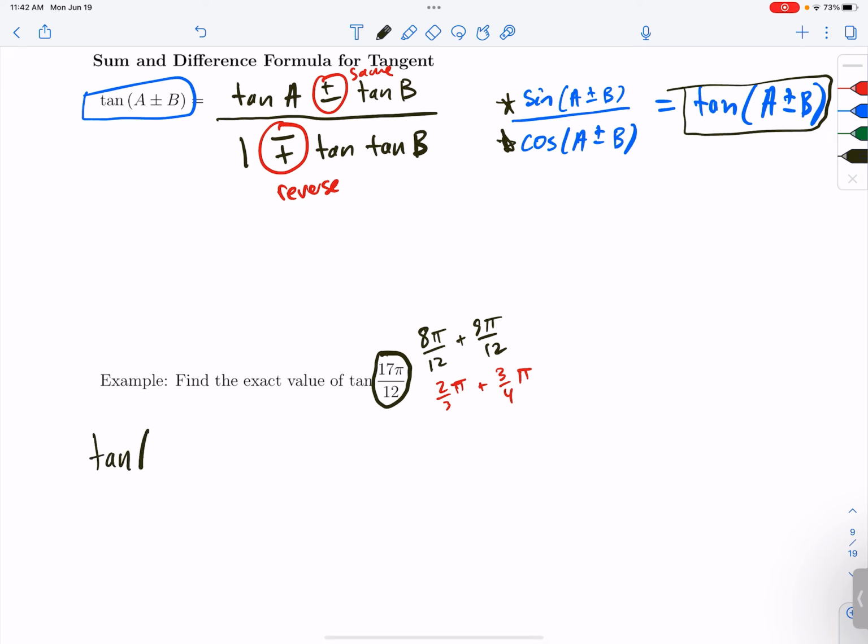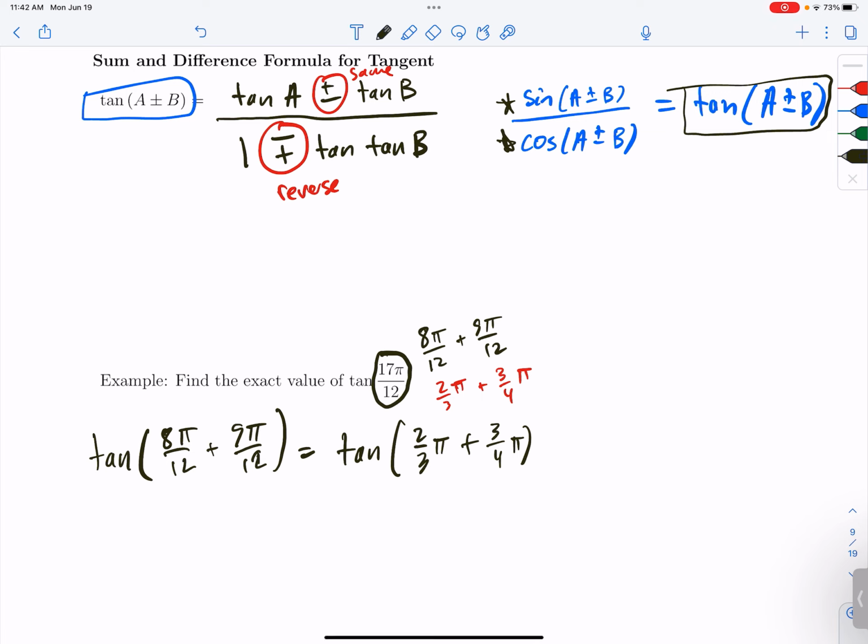So I'm going to say tangent of 8 pi over 12 plus 9 pi over 12. That is equal to 17 pi over 12. I'm going to rewrite this with the familiar angles from the unit circle. Okay, and just like we did previously with, I think it was a cosine example, where we had the angle in radians, you could have also converted this angle into degrees.